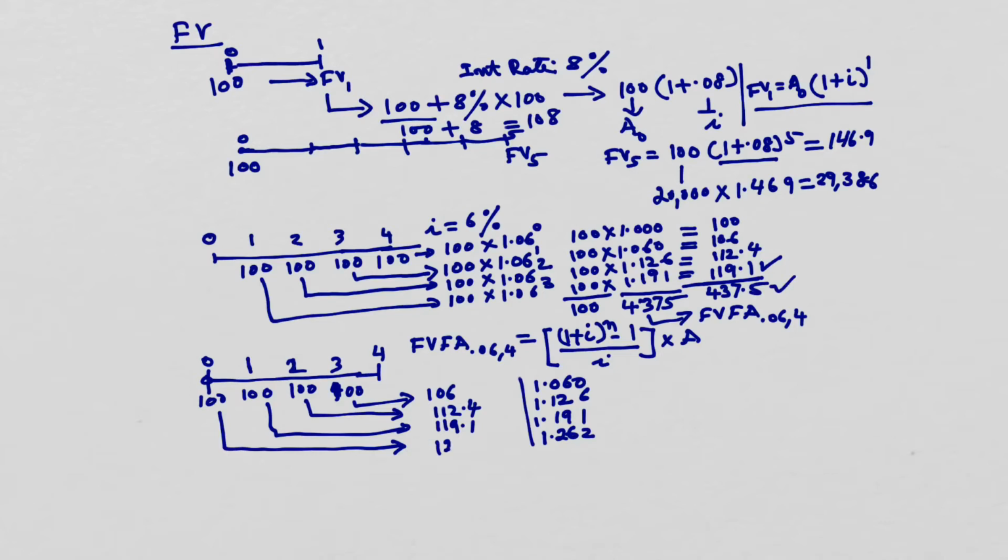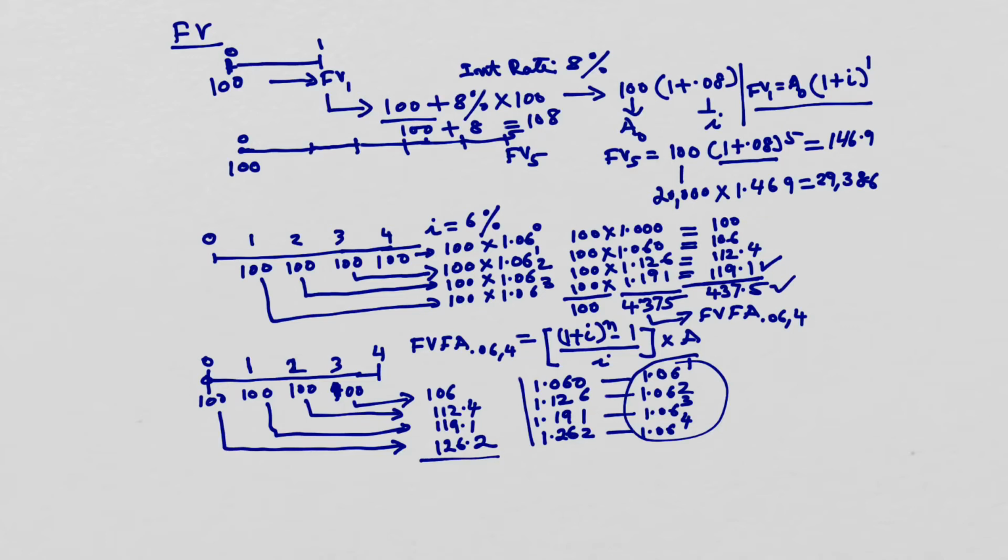So you get 126.2. So this is 1.06 raised to 1, this is 1.06 raised to 2, 1.06 raised to 3, and 1.06 raised to 4. So these are the factors. Of course, 4th year, because you didn't deposit anything, so there is no amount.